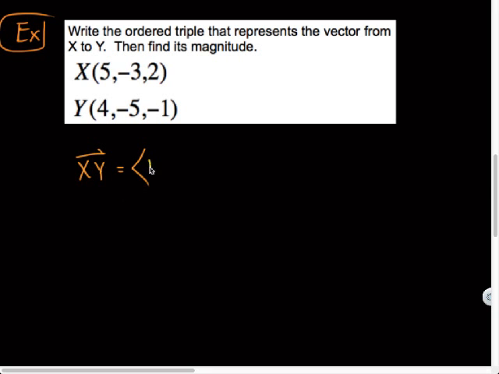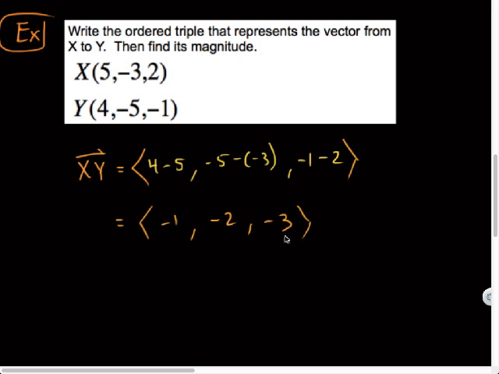So I'm going to do 4 minus 5, and then -5 minus -3, and then -1 minus 2. So XY as an ordered triple would be -1, comma, that's the same as +3, -5 plus 3 is going to be -2, and then -1 minus 2 becomes -3. So here's my vector represented as an ordered triple.